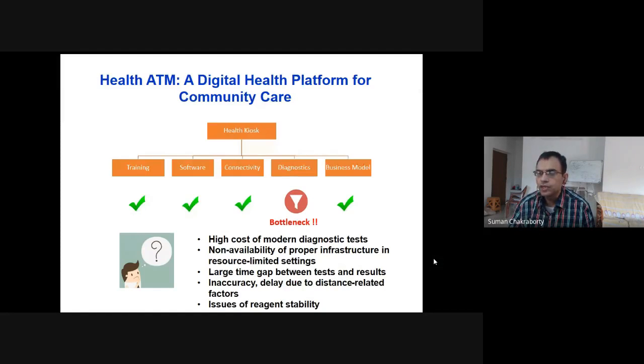The doctor gives a recommendation, but the major challenge is that when the recommendation comes in the form of diagnostic tests, it is extremely challenging because of either the cost or the non-availability of proper infrastructure, as well as some other technical bottlenecks to perform those diagnostic tests on the patient.